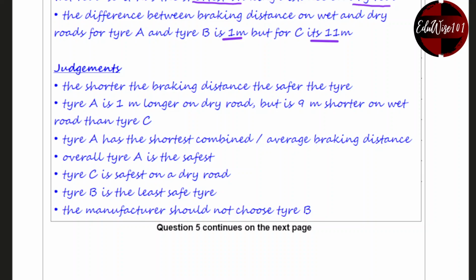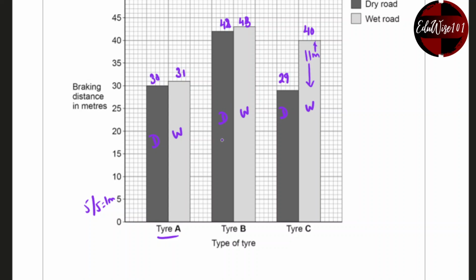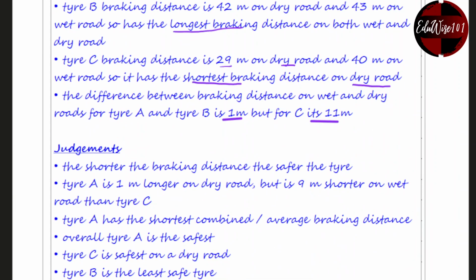So when we look at this, if I'm comparing tire A to C, it was 29 on a dry road, so tire C is actually much better because tire A is about 1 meter more. But on a wet road, tire C is actually worse because it's 9 meters longer than tire A, because it's 31 and 40. So that's what this bullet point is saying.